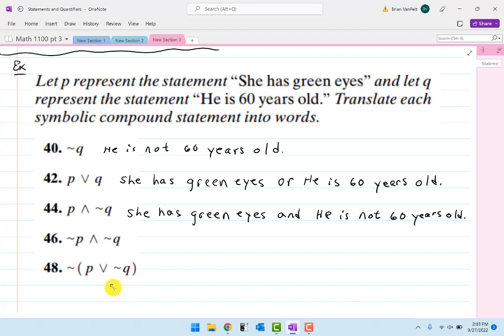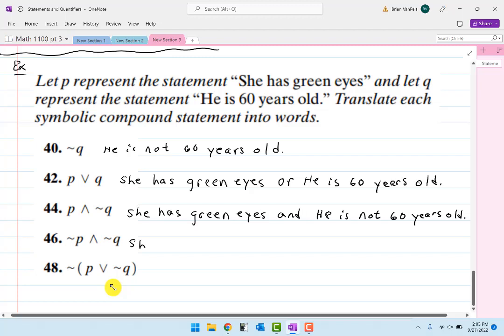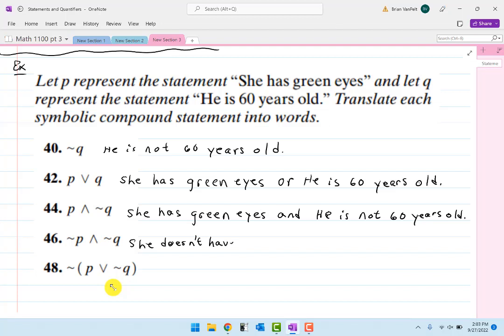Not P and not Q. We have she doesn't have green eyes and he is not 60 years old.